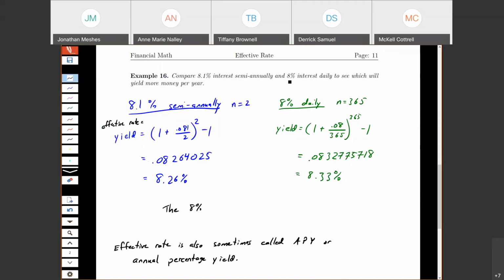One of them is the annual interest rate, and the other is what that is actually going to get me per year. So if I look at this 8% daily, the annual rate is 8%, but it's actually going to net me 8.33% every year because of the compounding. So the 8% daily is more interest.